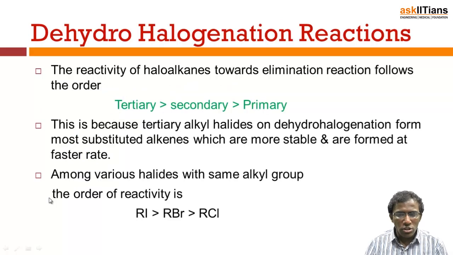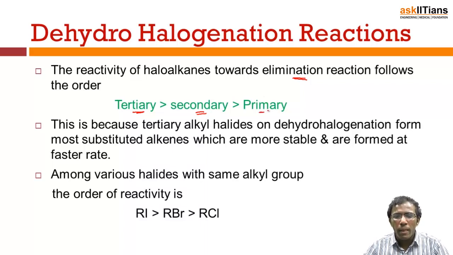If you see further, the reactivity of haloalkanes towards the elimination reaction follows an order. Always the tertiary alkyl halide will undergo elimination more readily than the secondary, and comparatively secondary is more reactive than the primary alkyl halide. Always remember that the tertiary will undergo elimination readily, because if the tertiary alkyl halide undergoes dehydrohalogenation, then the more substituted alkene is formed.